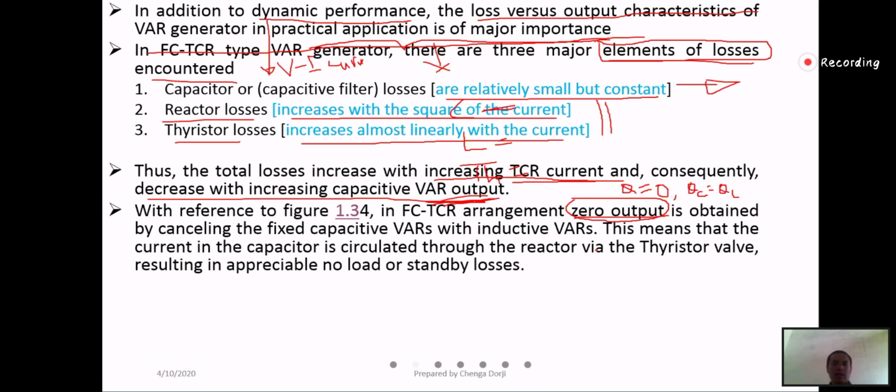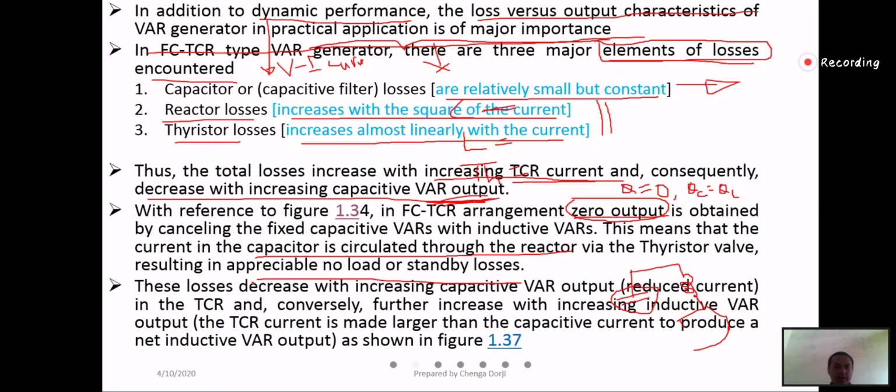So this means that the current in the capacitor is circulated through the reactor via the thyristor valve. So you have the capacitor, then the reactor, and this is your thyristor valve. The current I_C is circulated through these, resulting in appreciable no-load or standby losses.